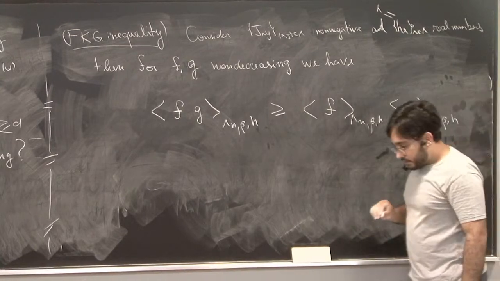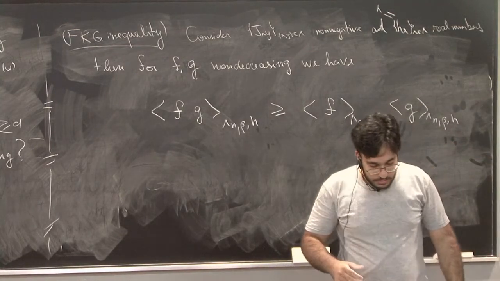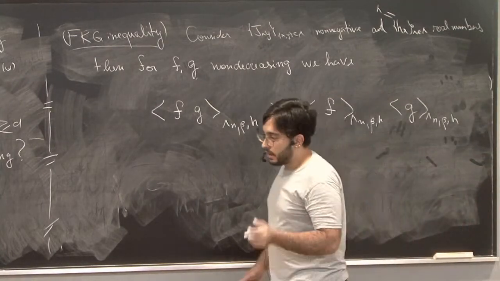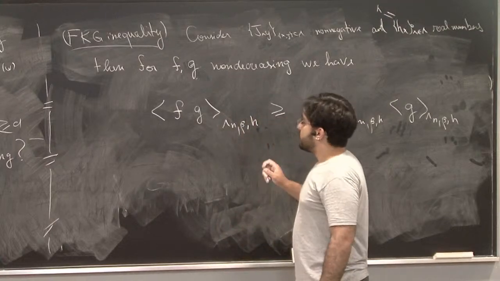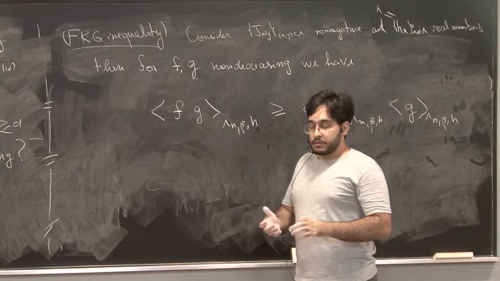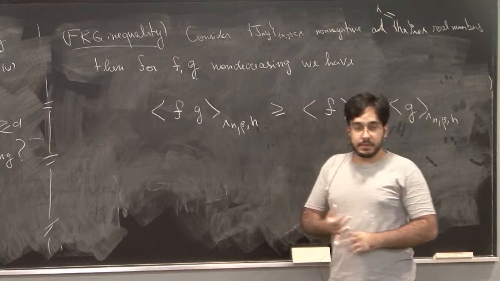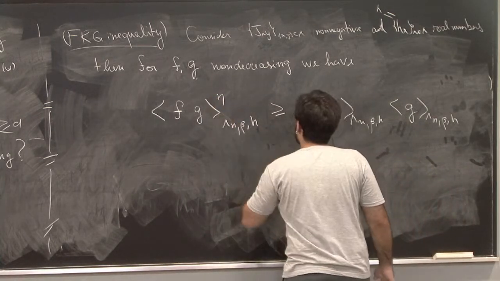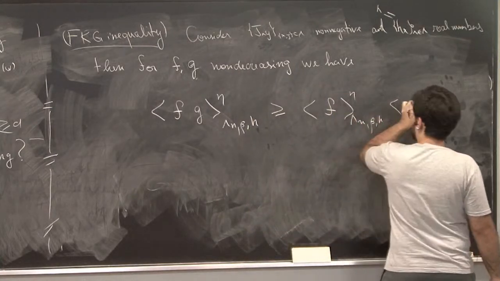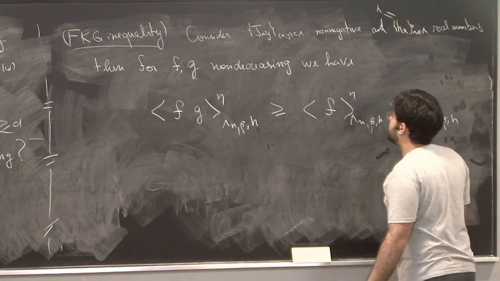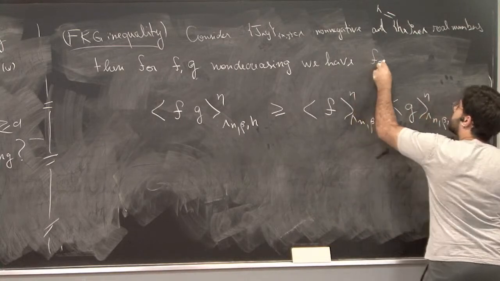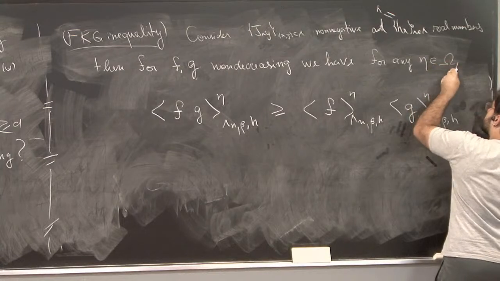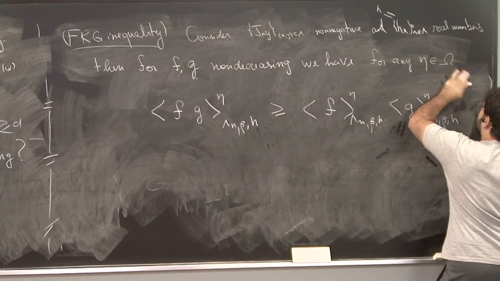And another difference between the Griffiths inequality and the FKG inequality is that the Griffiths we showed for the plus boundary condition and the empty boundary condition case, and the FKG inequality actually holds for any boundary condition.